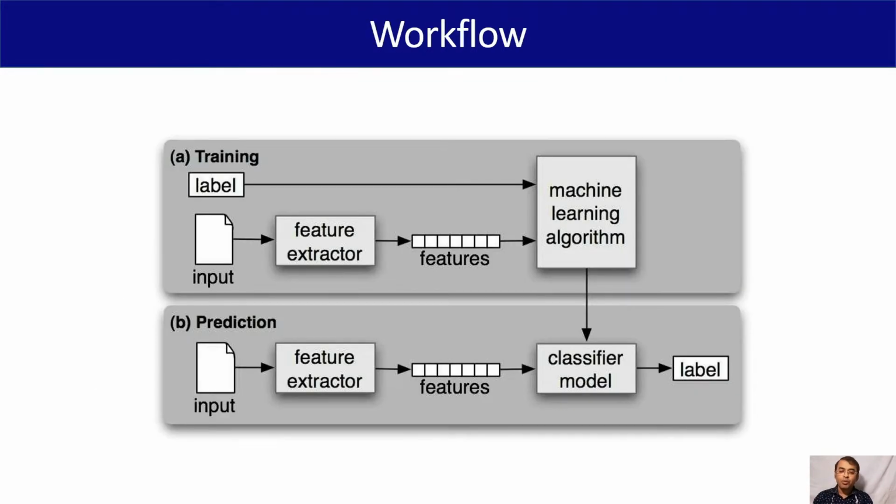Now I'll come to the workflow. You can see the first part is training, the second part is prediction. So in training, what do you have to give?